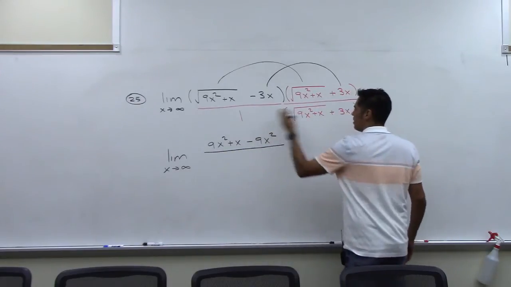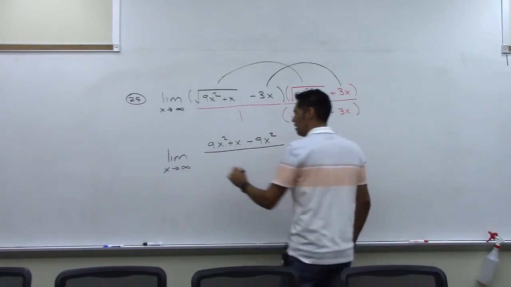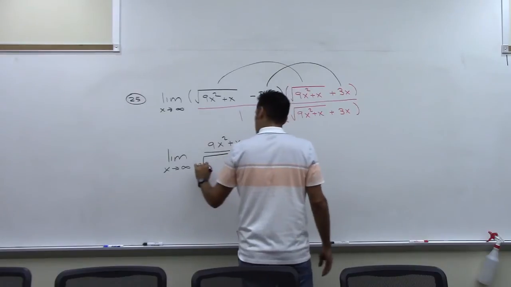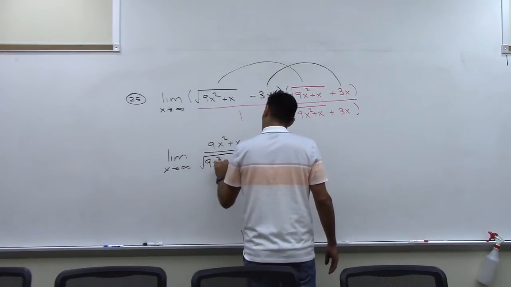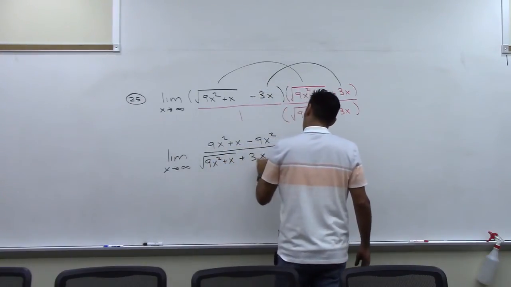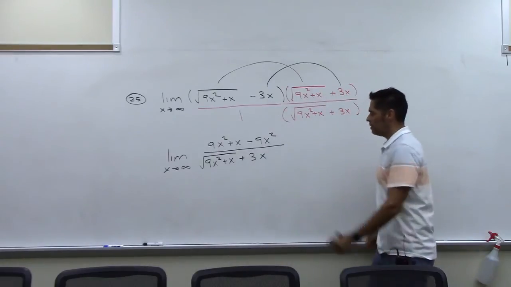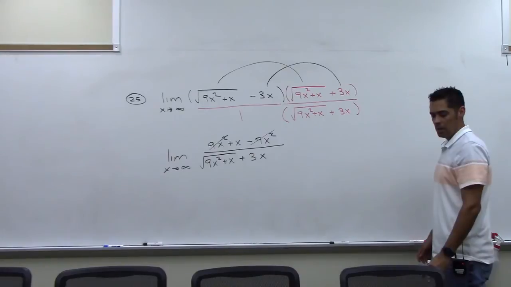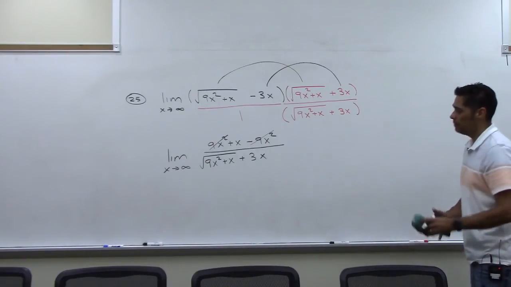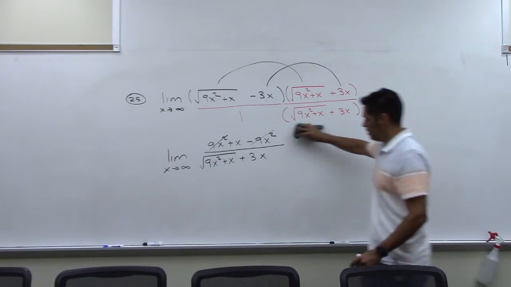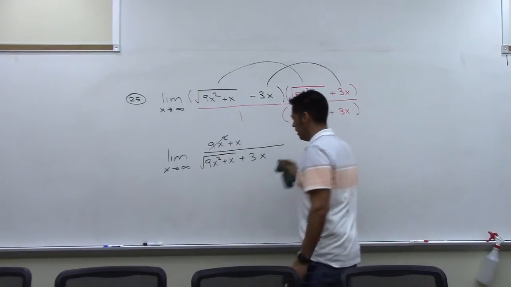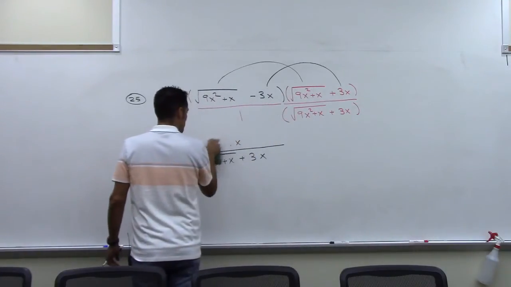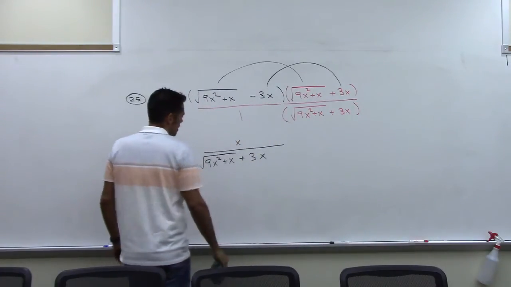Over 1 times this, so let me just put that there. It's just going to be that conjugate. And now at this point, the 9x squared and negative 9x squared cancel, and we just have x over that. Because I'm on a board, I can shorten up the time here. I can erase that because they're gone.